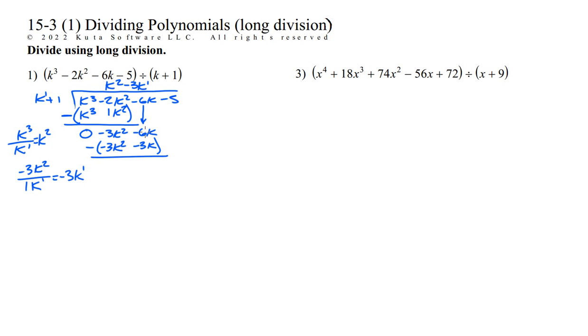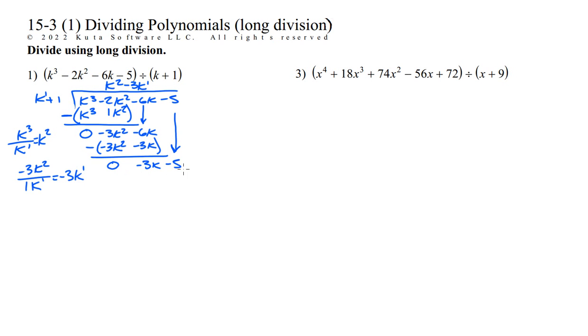So we take negative 6k and we subtract negative 3k, that's adding 3k, so negative 6k plus 3k is negative 3k, and then negative 3k squared minus negative 3k squared is indeed 0, which is what we were hoping for. And then we continue, and this one should be our last one here.